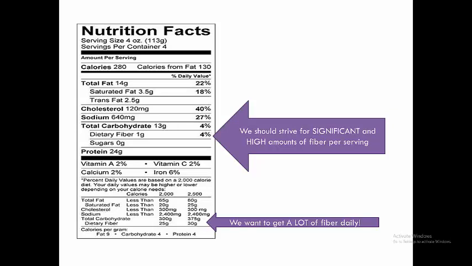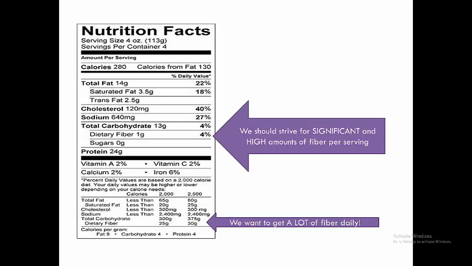So when we're looking at a label in a store, what are we looking for? Well, you learned 5, 10, 15, 20%. And you know that 5% or less is low and that 20% or more is high. If you want a nutrient because more is better, then you want it to be significant, 15% or high, 20% per serving.